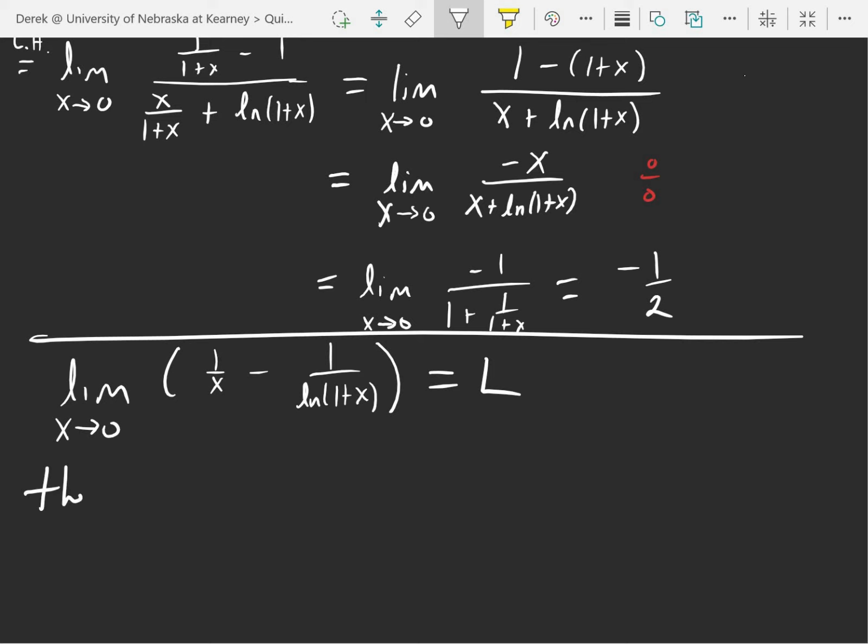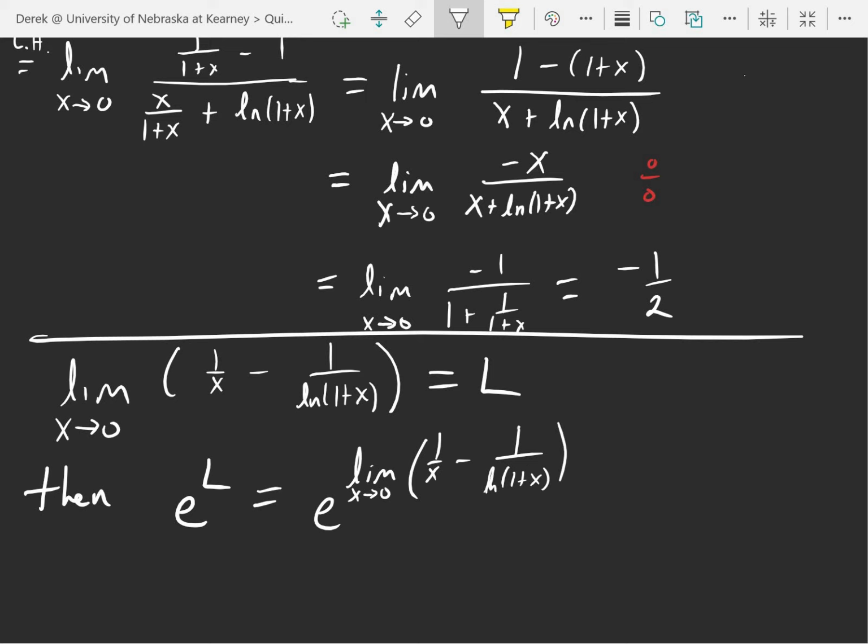Then e to the L, I can exponentiate this. I'm going to use e because I've got a natural log in there, so I should probably use the same base for my logarithm and my exponential. That's going to be equal to e to this limit as x goes to 0 of 1 over x minus 1 over the natural log of 1 plus x.